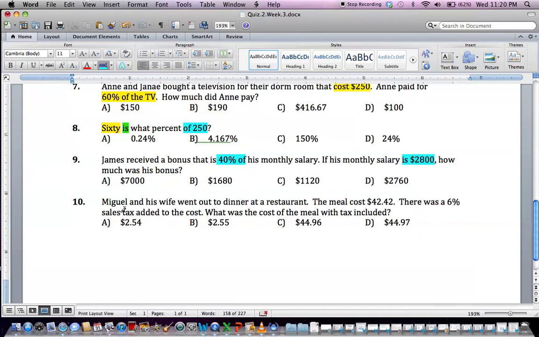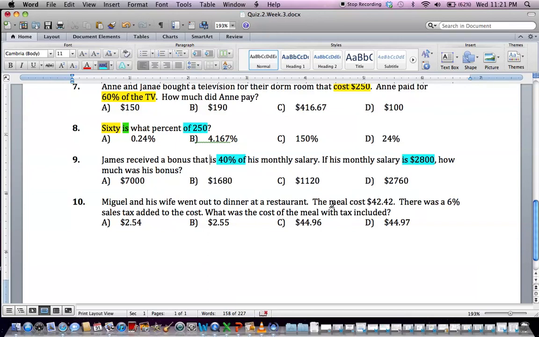And then number 10, Miguel and his wife went out to dinner at a restaurant. The meal cost $42.42. There was a 6% sales tax added to the cost. What was the cost of the meal with tax included? We did this yesterday, and there are several steps, so make sure we show our work.